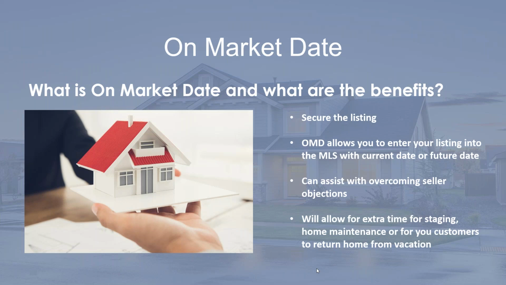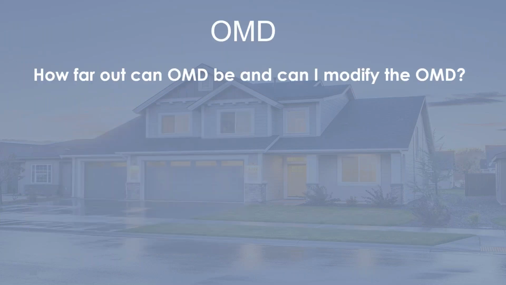One of the things you need to understand from a rules standpoint is it's an on-market date. And people ask me, well, what does that mean? And then I quickly respond, well, what do you think marketing is? Well, I don't know is the answer. And you can say, well, would you consider a sign marketing? Sure. Postcard? Yes. Website? Yes.